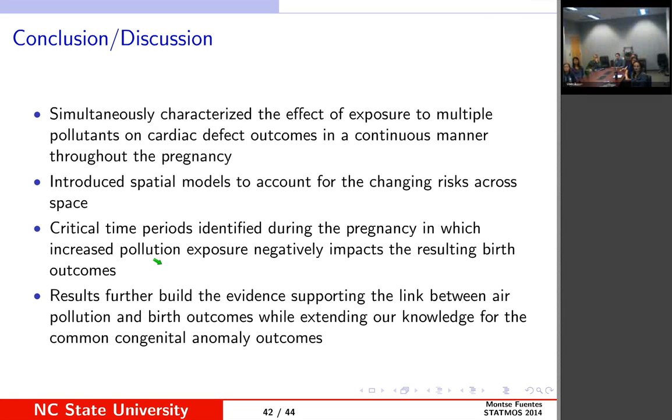So the exposure could be different depending on where you are. The sources will be different, in particular when we are putting together rural and urban areas. So we really are looking at different sources, and that's why it's critical to allow it to change across the space, because it would allow us to really understand better what the issues are and how to potentially be able to mitigate them.